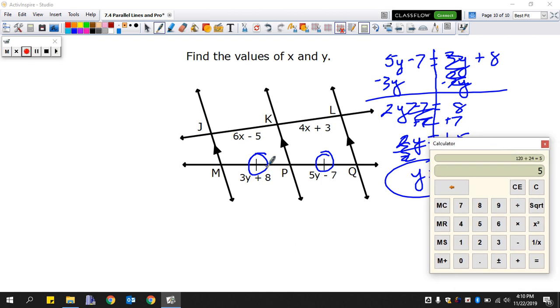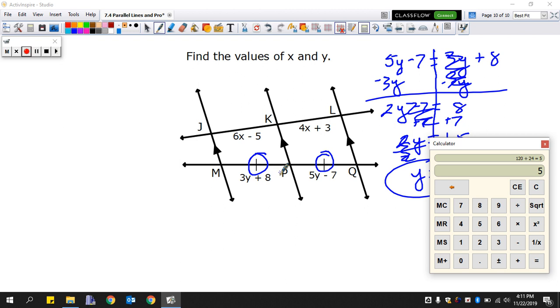Because these are congruent to each other, remember, according to the theorem we just learned about, if three or more parallel lines are cut by two transversals, then it splits them into proportional parts. So the ratio between this and this, because they're congruent, is a 1-to-1 ratio, which simply says that they are equal to each other.